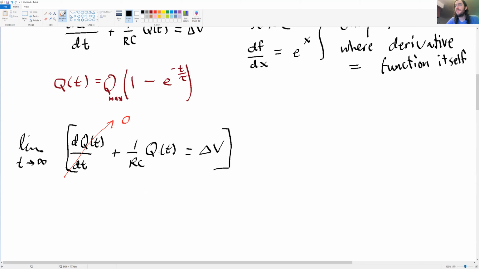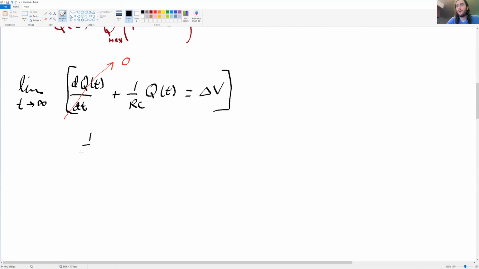Now, when I take the limit on Q of t, that's what we've called Q max, right? But let's leave the time dependence in there for a second and see what happens here. Nothing happens to the constant term on the right side. So we have 1 over RC Q of t.